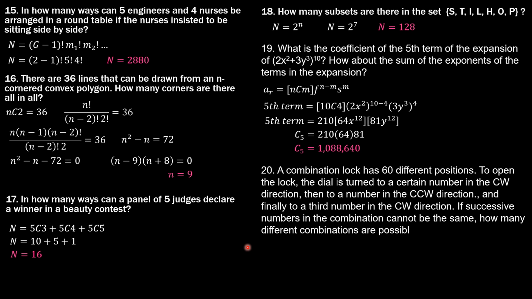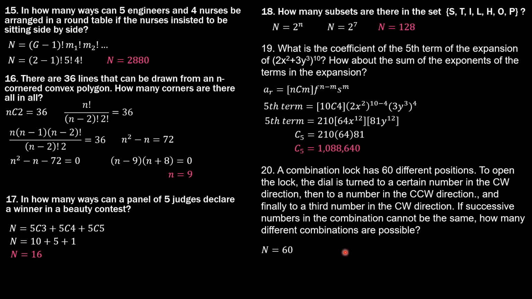how many different combinations are possible? So take note, in the first rotation, there are 60 different positions, so there are 60 ways for the first number. Then in the counterclockwise direction, because no number should be repeated successively, there will be 59 options left.